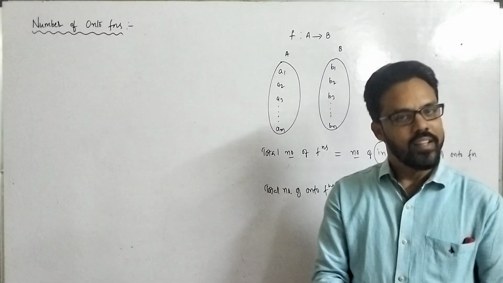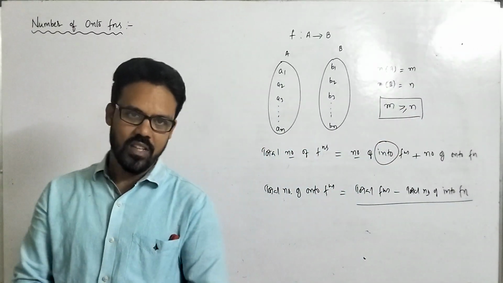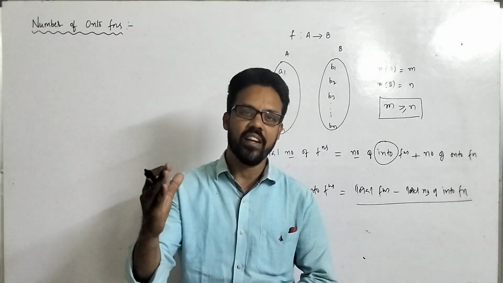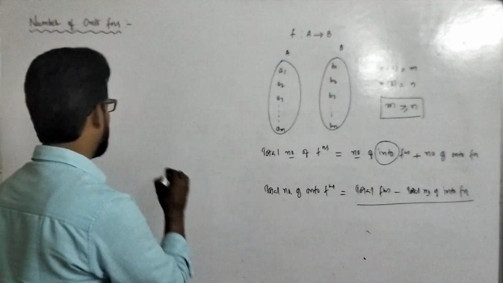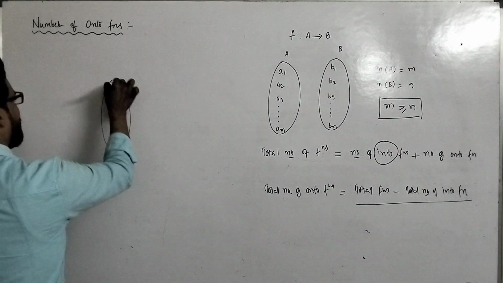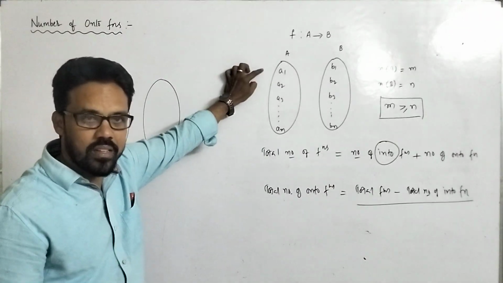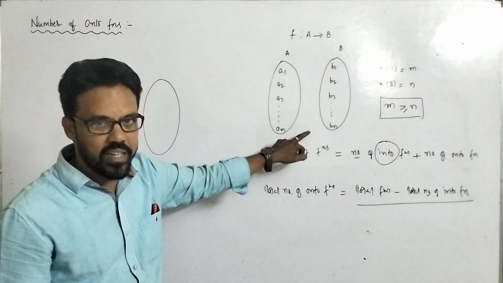Come. Now again, function. In the previous videos also we learned the definition of a function and the number of functions. But again, just consider, for example, a set A containing m elements, whereas set B containing n elements.